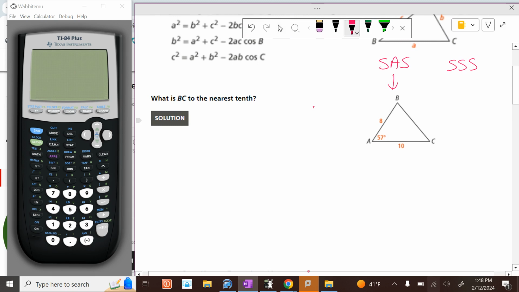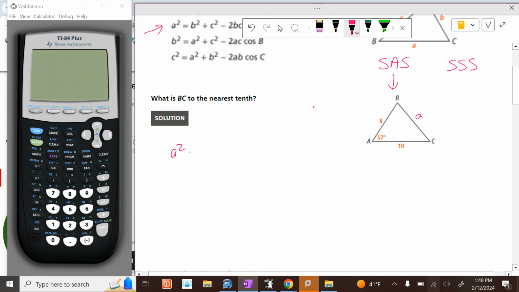Now, if I want to find side BC, that is side little letter A, because it's opposite of capital letter A. So to find side A, we write down this first formula, and it's the first formula on your formula sheet under the law of cosines. If you look near the bottom, the law of cosines is down there.